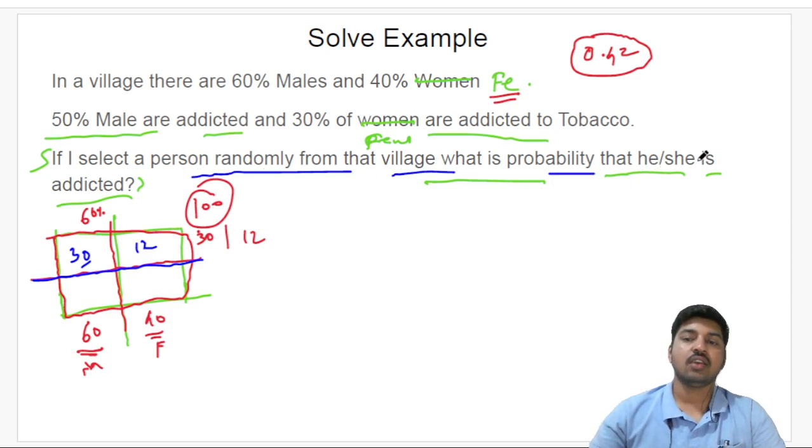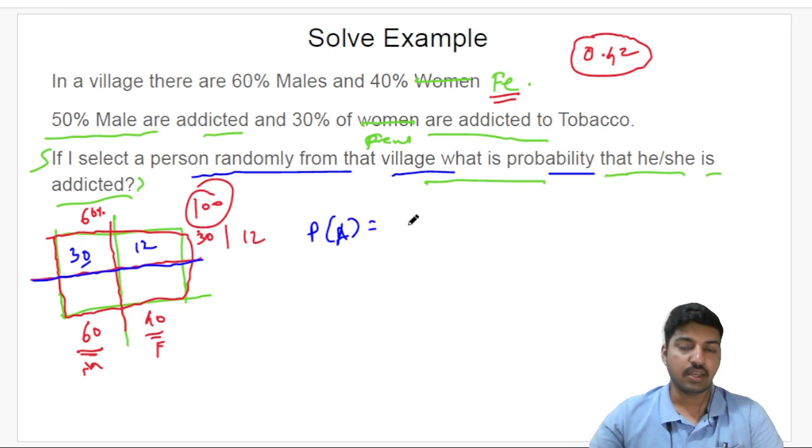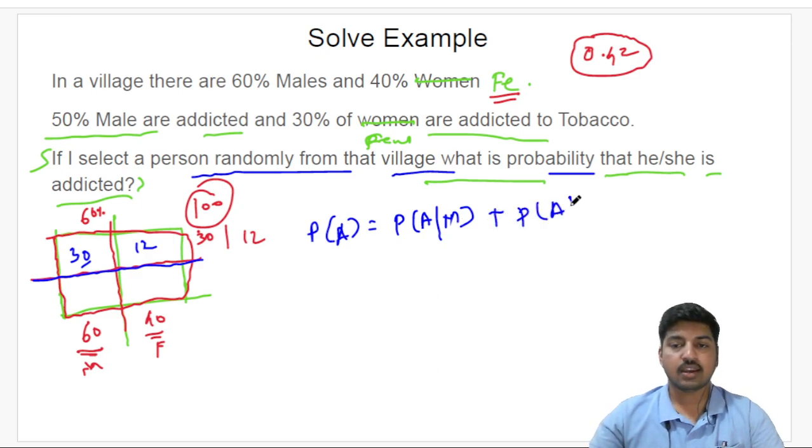How am I going to calculate this? The probability of addicted will be the probability of addicted given he or she is male, plus the probability of addicted given he or she is female.